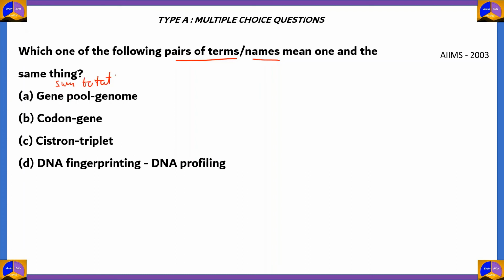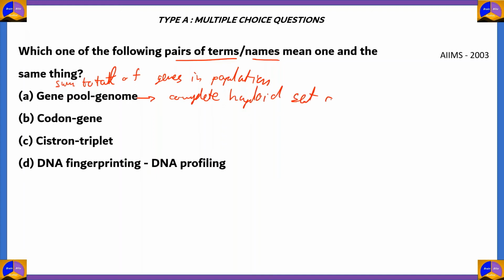Gene pool is the sum total of genes in any population, while genome refers to the complete haploid set of genes in one chromosome. So therefore, they do not mean the same thing. Option A is incorrect. What about option B, codon and gene?